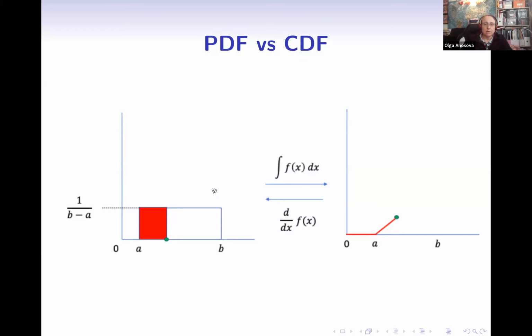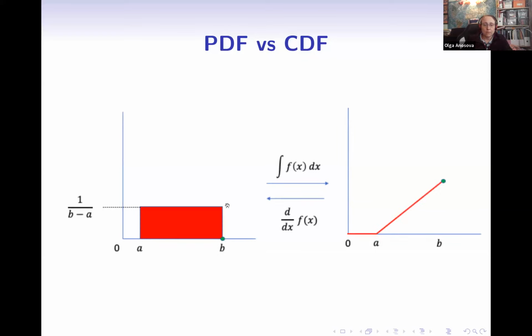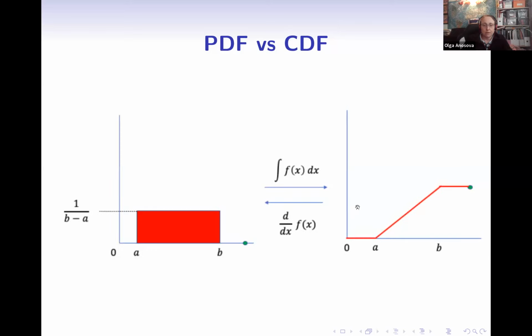And the same will happen on the whole interval from A to B till it reaches the peak. And the peak, as we all remember, is the maximum probability of 1. And then our distribution basically ends, and our cumulative function has reached its full potential of 1.